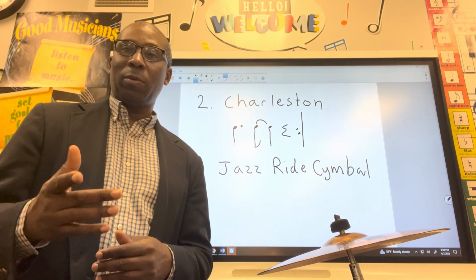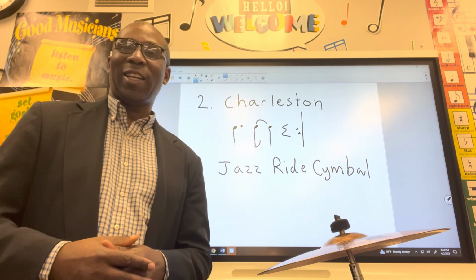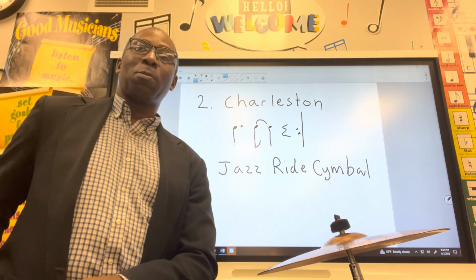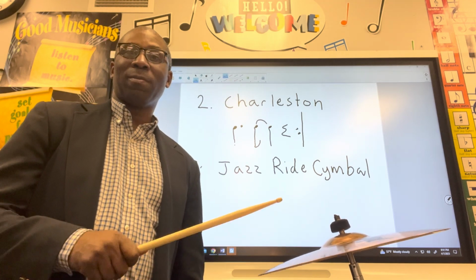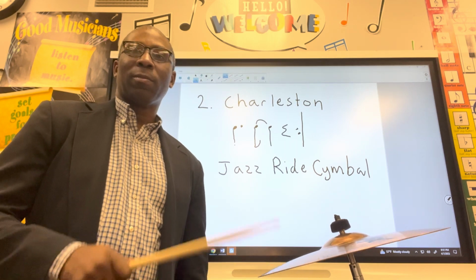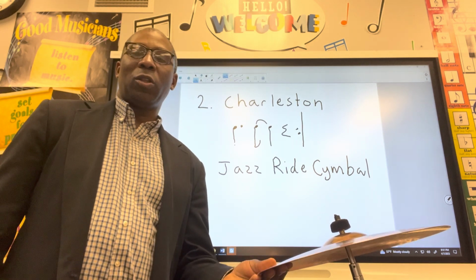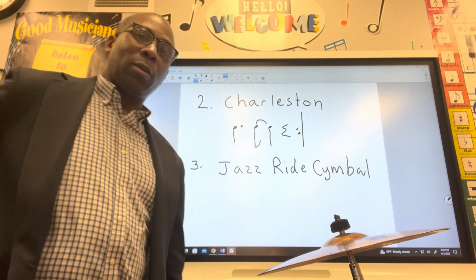So as soon as you catch the rhythm, you say it with me. Sprang, sprang, galang, sprang, galang, sprang, galang. So as you see, that is one of the basic jazz rhythm patterns.